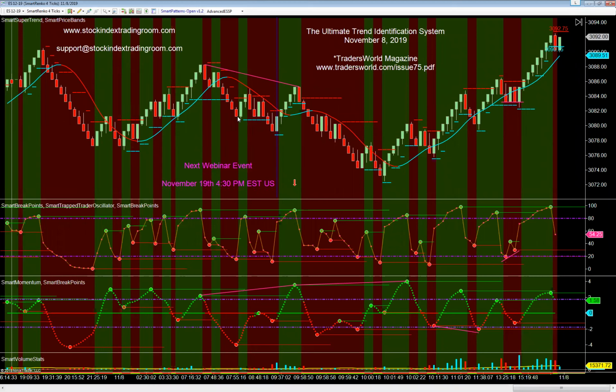So here we have smart momentum. We call this a type 2 divergence, where we're looking for an extreme reading that retreats, that has cycling saying actually we're in a stronger cycling mode. Okay, we got a big move coming. That's good to know. And trap trader oscillator is giving us a discount to sell.